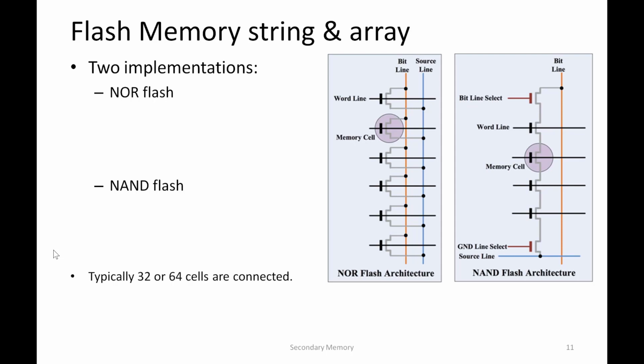So typical sizes of such strings of memory cells is 32 to 64. It means that a string of 64 cells can store 64 bits of data. If we are considering SLC, it means 8 bytes of data. Such strings, when they are connected or extended, let's say in the X direction, form an array. We are going to look at the array arrangement a little more in detail.